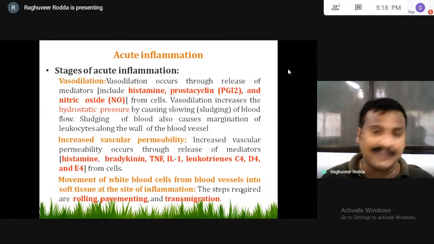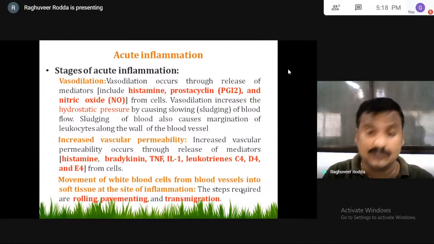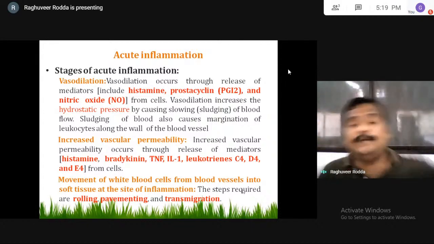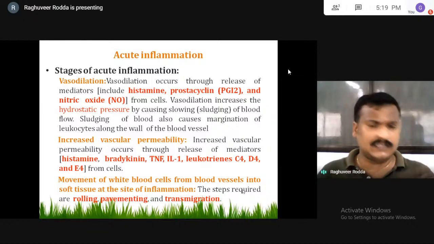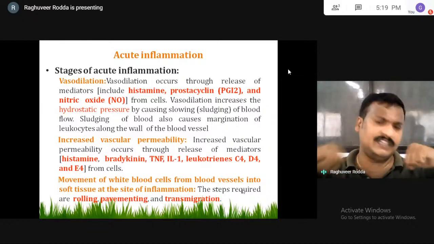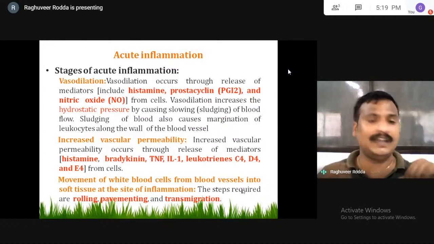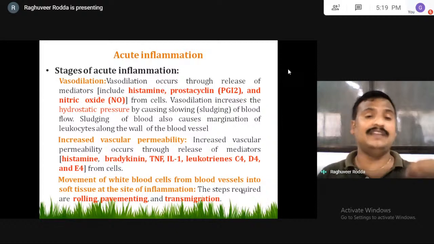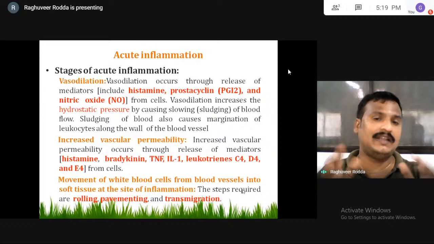interleukins and leukotrienes, which are eicosanoids produced by eicosanoid activity, extend the space in between two endothelial cells, like LTC4, LTD4, and so on, and push the blood to the dilated area.